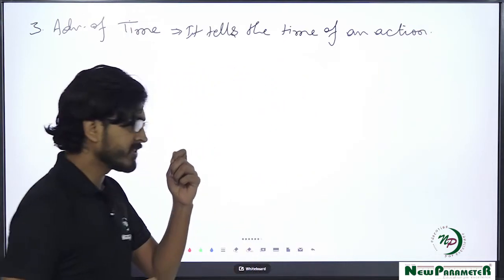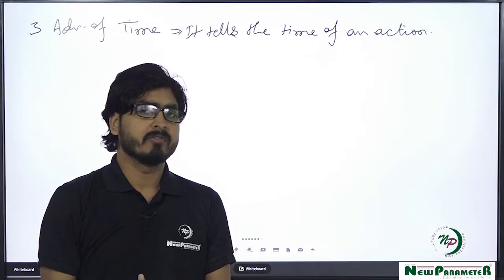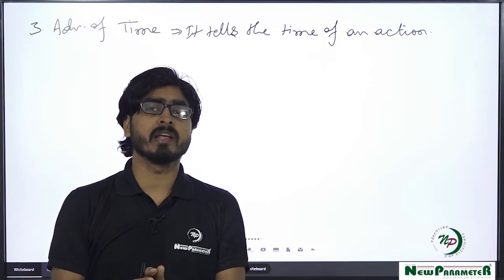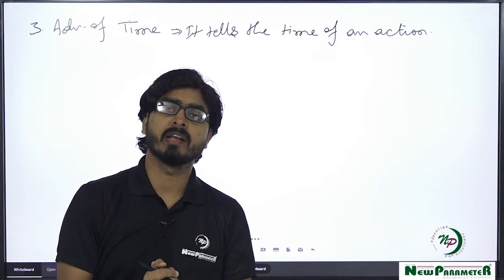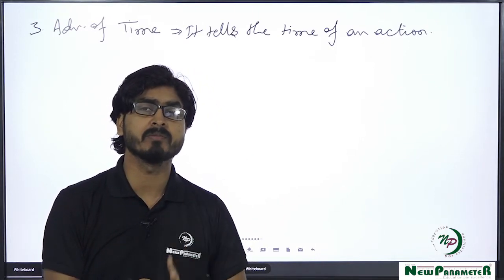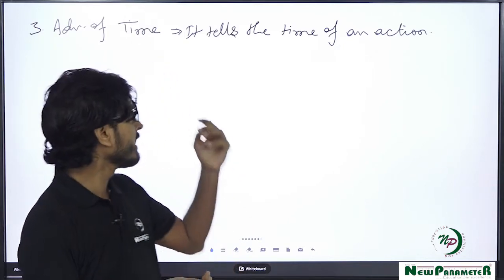See, so far you have just seen that most of the adverbs we have used here are being used for an action, because we have a lot of question to ask from an action. Firstly, how an action is done. Secondly, how many times an action is done. And thirdly, when an action is done.